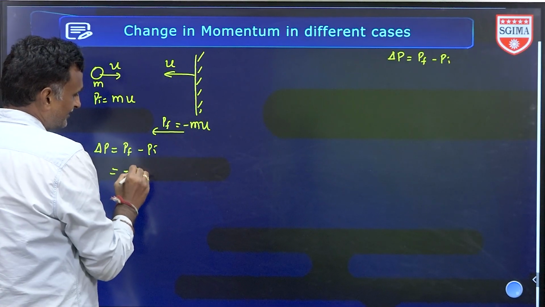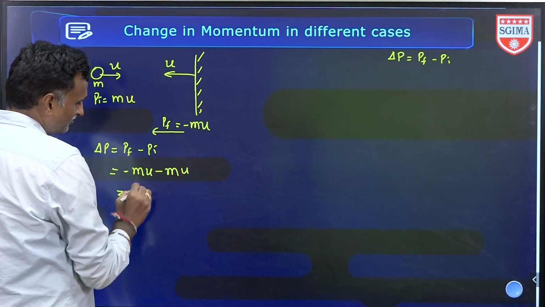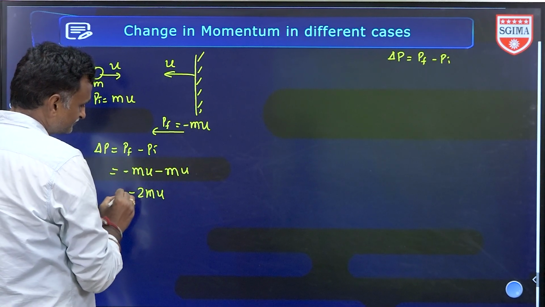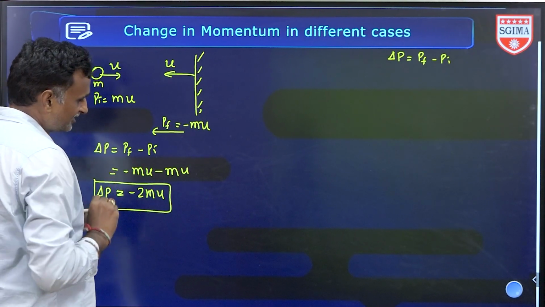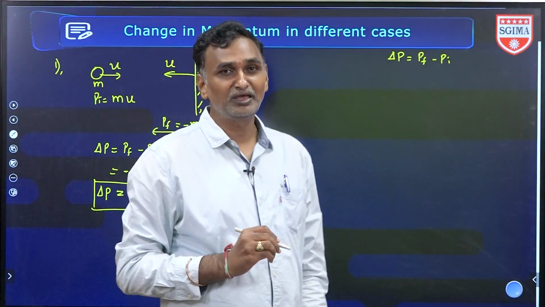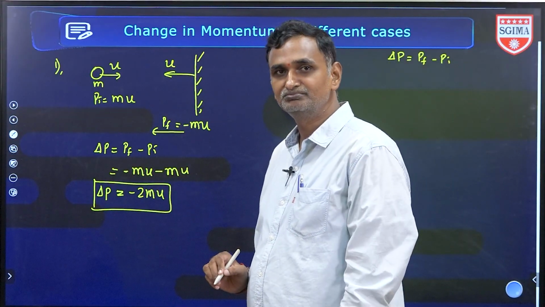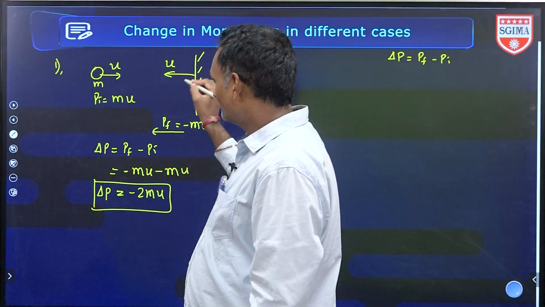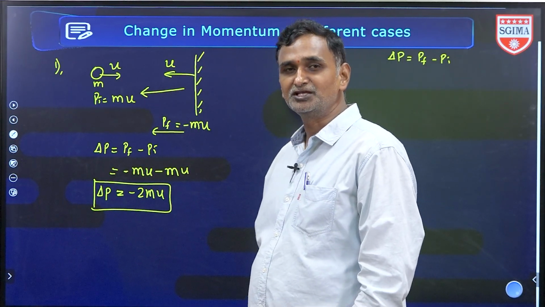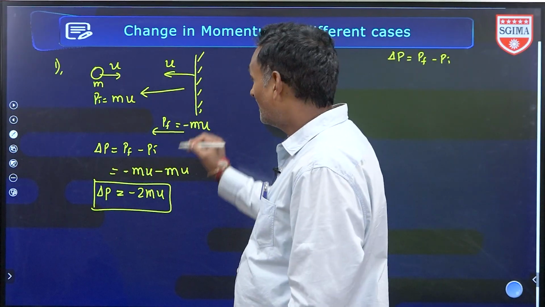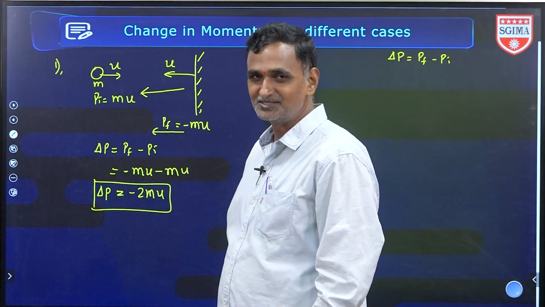As per the signs we write minus mu minus plus mu, so finally minus 2mu. So this is delta p. The answer came minus. Change in momentum is also a vector, so its magnitude is 2mu. Minus indicates that the change in momentum is directed away from the wall. Change in momentum is directed in which direction? Away from the wall, right? That is what the minus in the answer indicates.